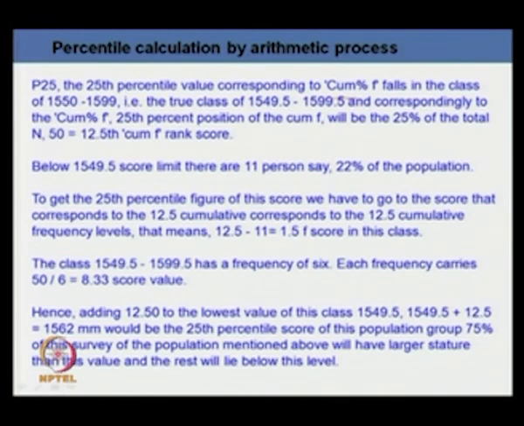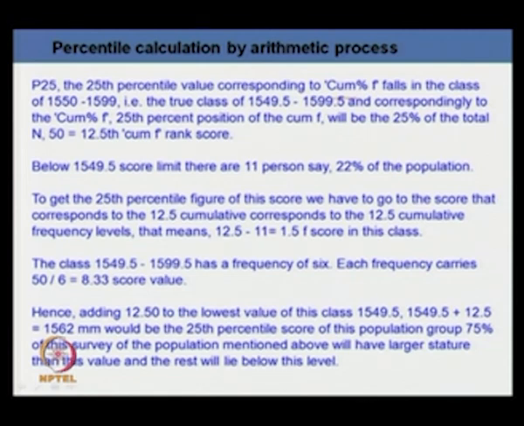The class has a frequency of 6, and 50 score were there in one class, divided by 6 equals 8.33 score value for each frequency. Hence, if this is for 1, then 1.5 multiplied to this becomes 12.50.